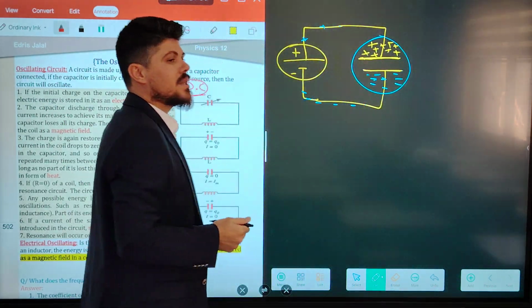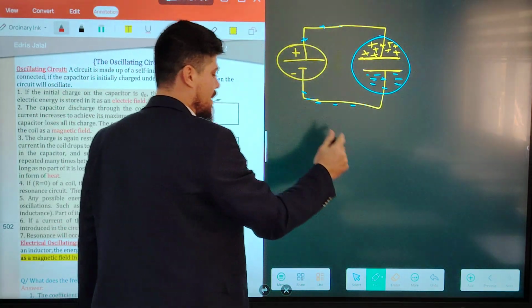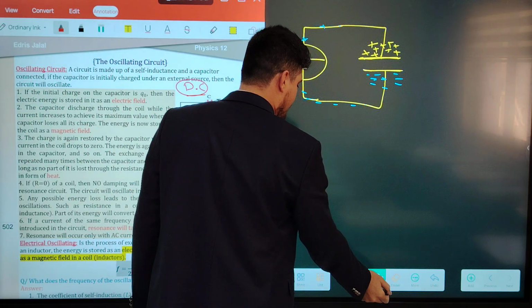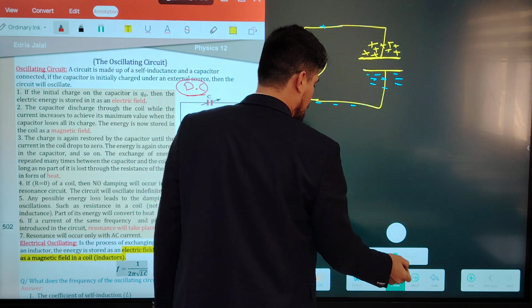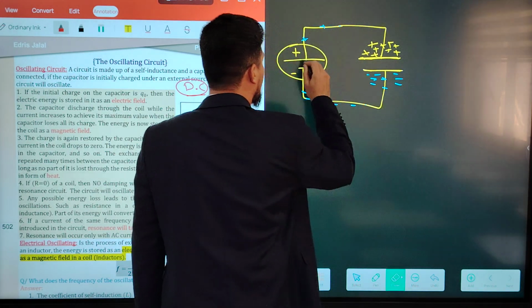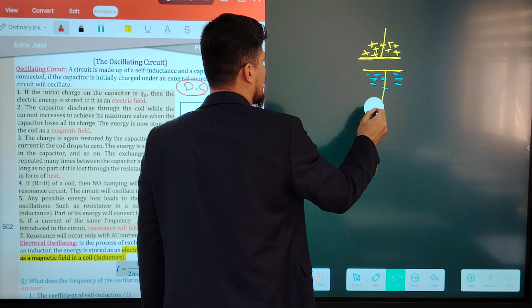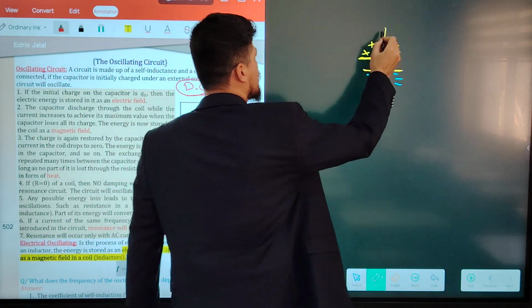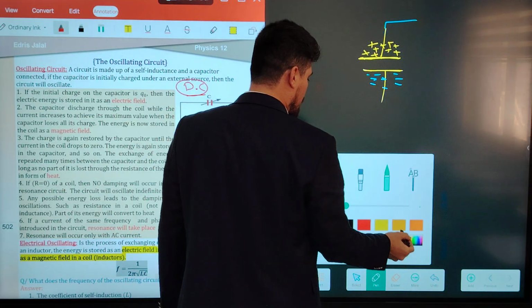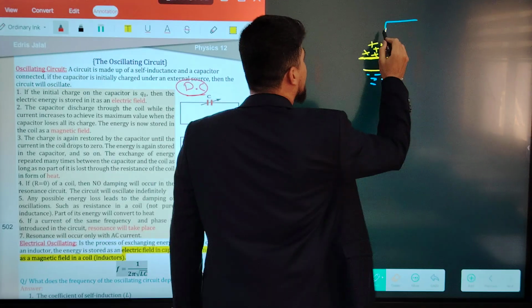Now the capacitor is charged. After the capacitor is charged, we can remove the DC source. After charging the capacitor, now we will connect it with inductance.